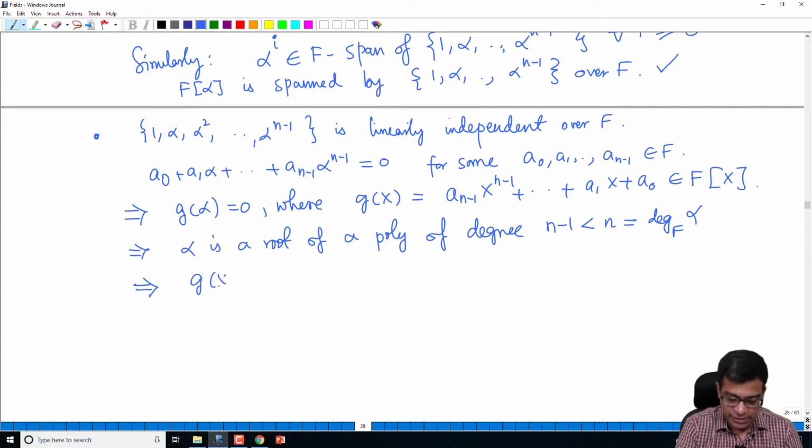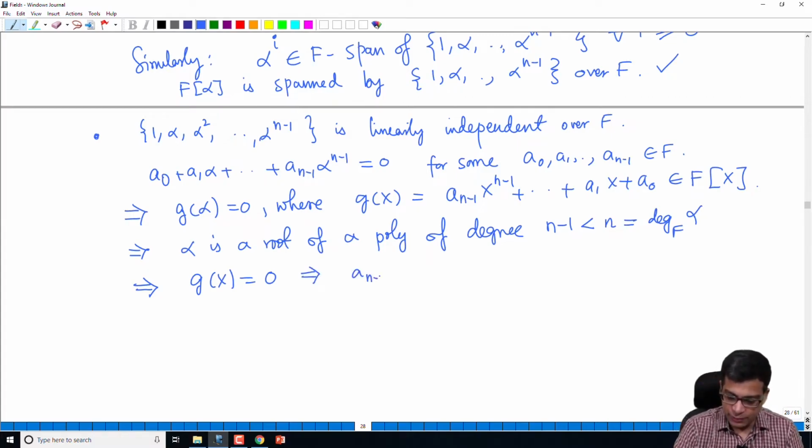That means g of x is 0. By definition, n is the smallest degree of a non-zero polynomial that has alpha as a root. g is apparently a polynomial of degree n minus 1 which has alpha as a root, but that violates the minimality of n. So the only solution is that g is 0.